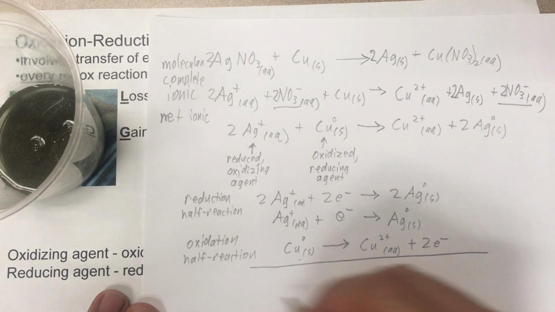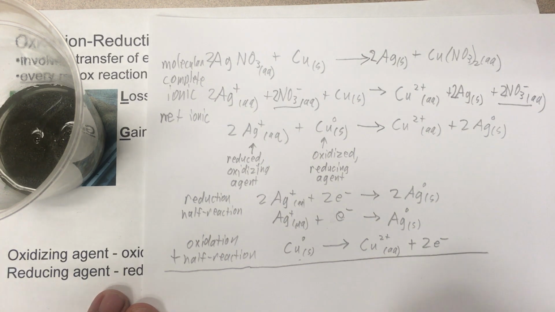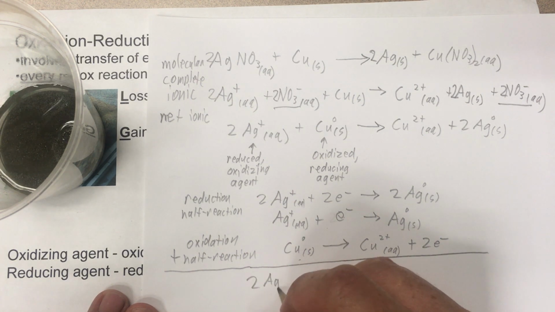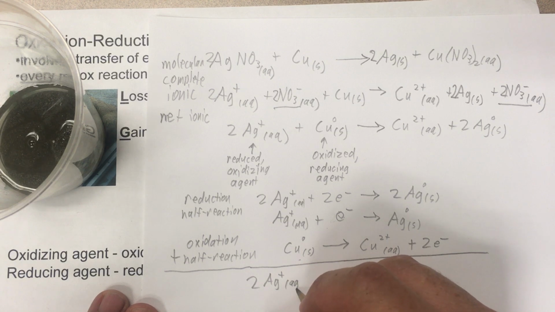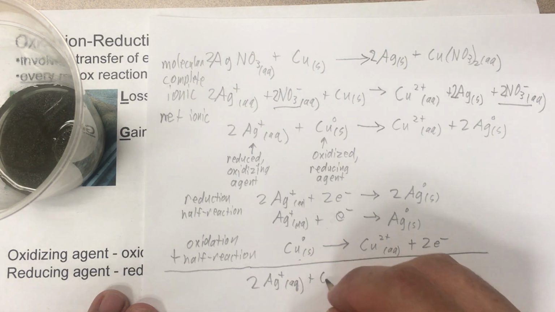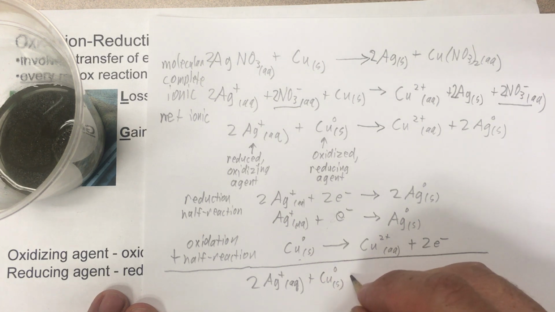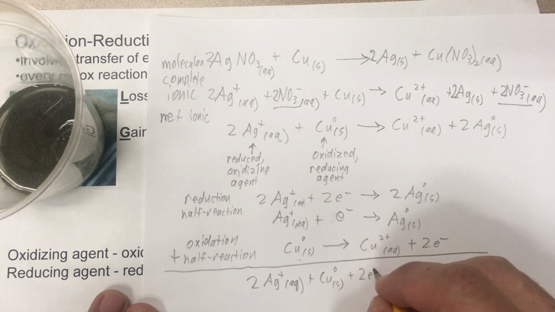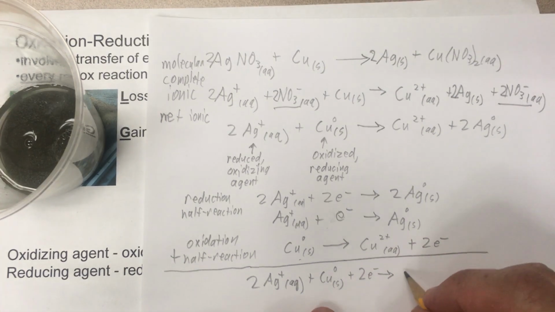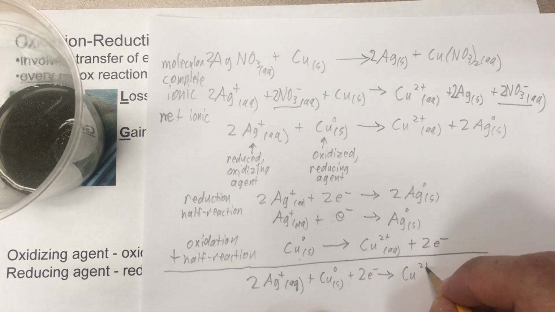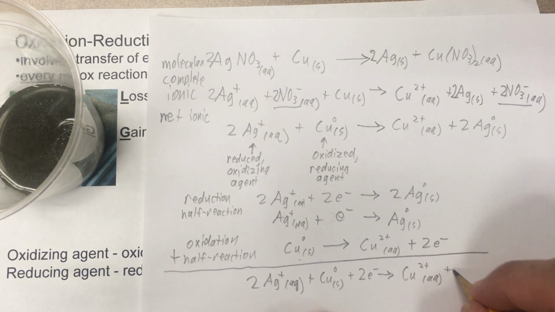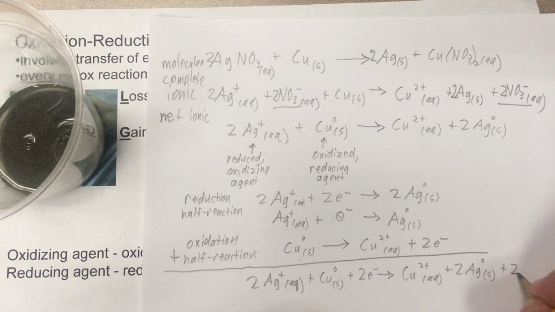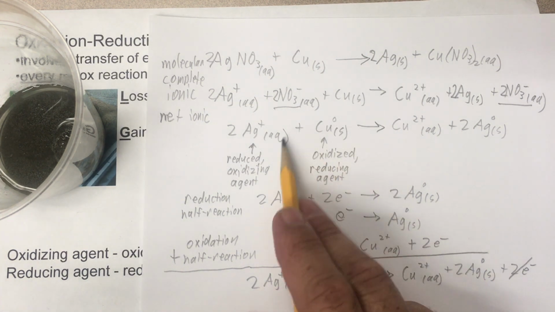If I add these reactions together, I would have 2 silver ions plus solid copper plus 2 electrons goes to produce copper 2 ions plus 2 solid silvers plus 2 electrons. And you can see if I cancel out the identical species on each side, the 2 electrons, I'm back to where I started.